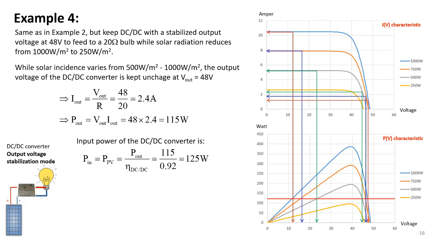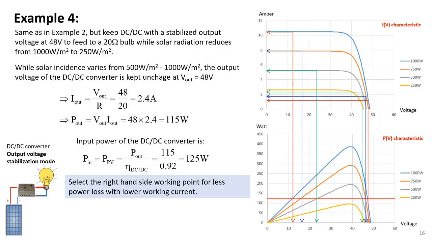Similarly, for other values of solar irradiance, for example 750 watts per meter square or 500 watts per meter square, we still select right-hand side points and do the same to identify the working voltage and current values.